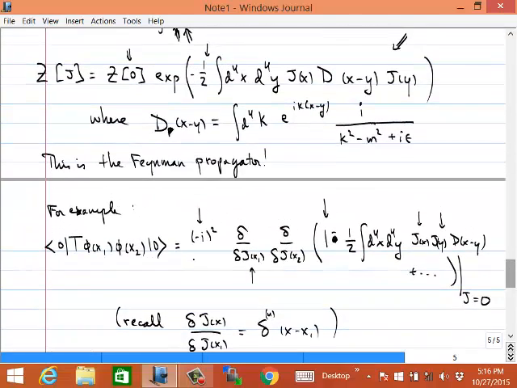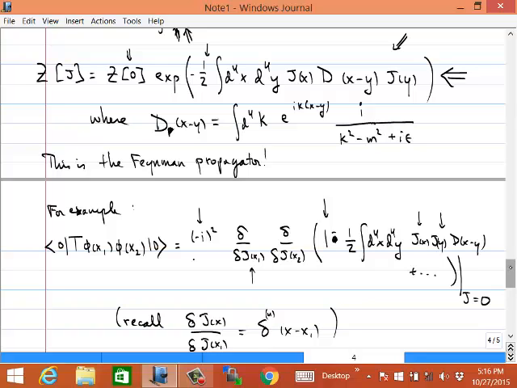Well, let's just stare at this expression here for Z of j. If you expanded that out, you'll only ever get terms that are quadratic in j. Okay? So that immediately tells you that any correlation function between a bunch of free fields is going to vanish unless you have an even number of fields. And what is it going to be? Well, it's going to be a product of a bunch of propagators, a product of a bunch of D's.